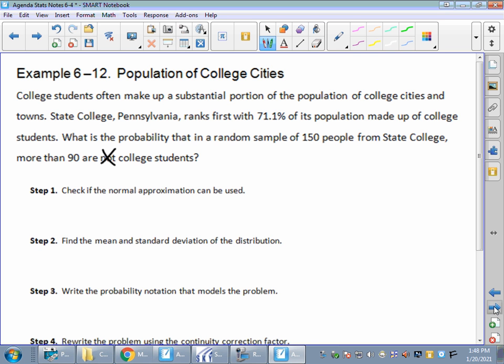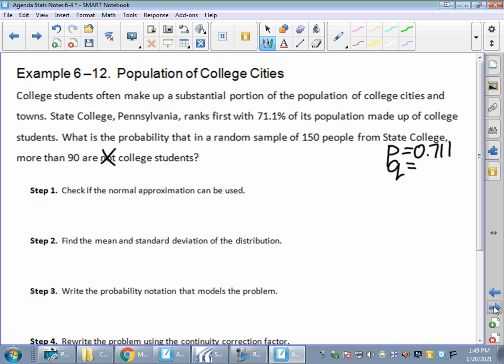So I want to think about a few things here even before I start going through the steps. I want to ask you, what is our probability of success? So what percentage or probability are college students? 71.1%, right? I'm going to write that as 0.711. Turn that into a decimal. If p is 0.711, what does q have to be?